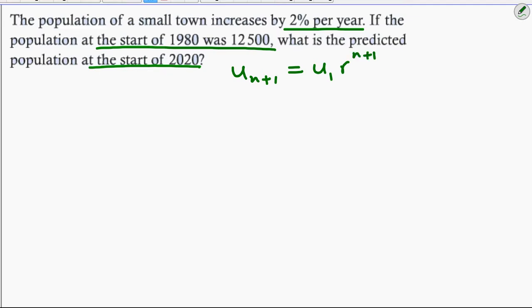So n plus 1 minus 1, which simplifies to just n. So the population after n plus 1 years will be U1 R to the power n.